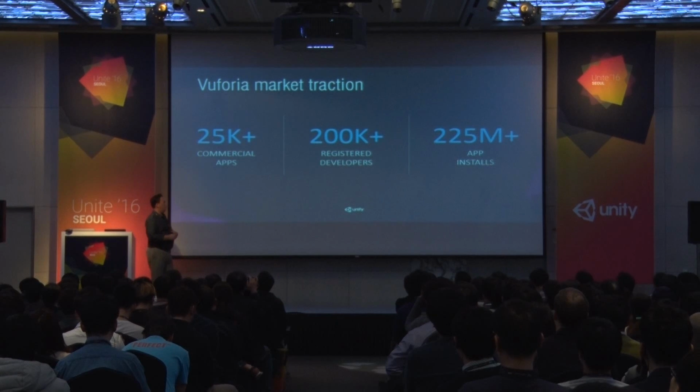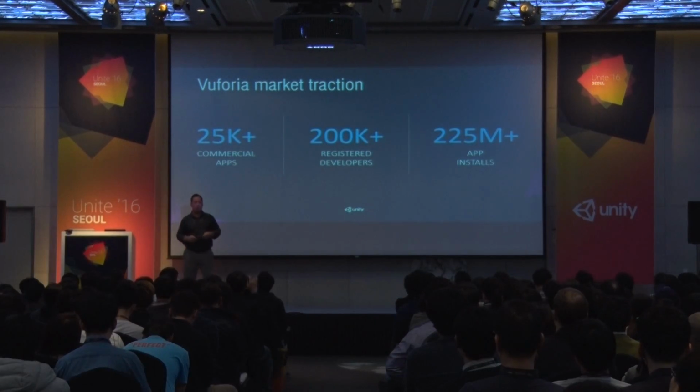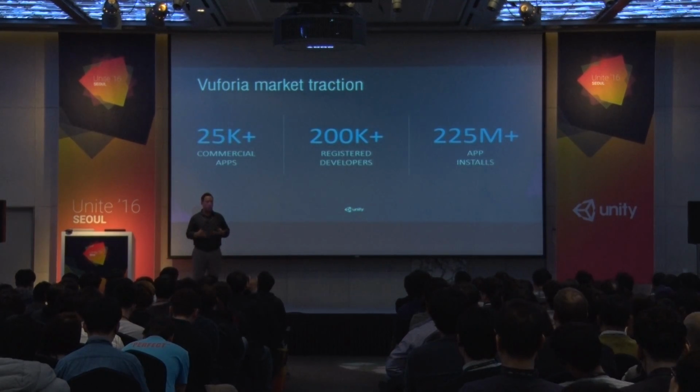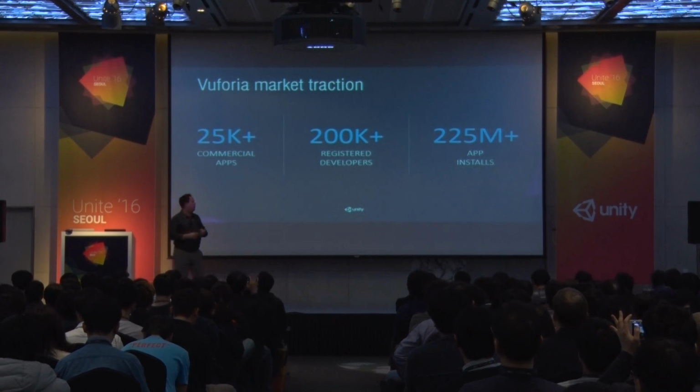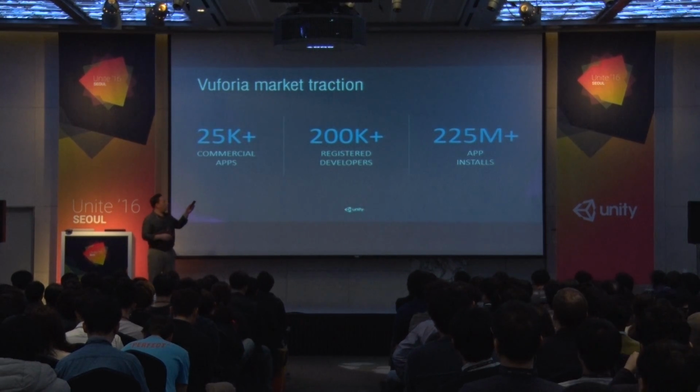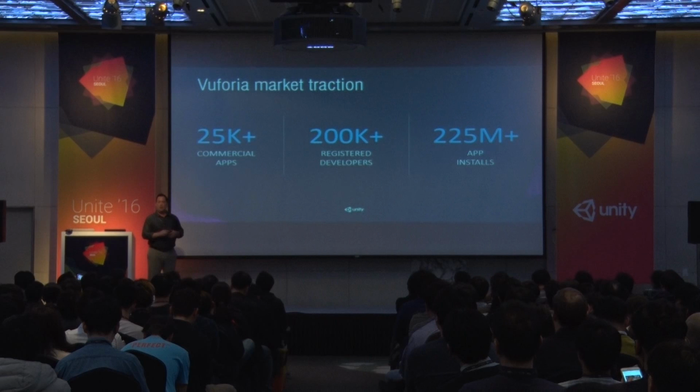So, as I mentioned, we've been around for about 5 years. And I think because we're so easy to use, and our SDK is freely available to developers, we've grown a significant developer base. And this is currently over 200,000 developers. We have over 25,000 commercial apps in the market.